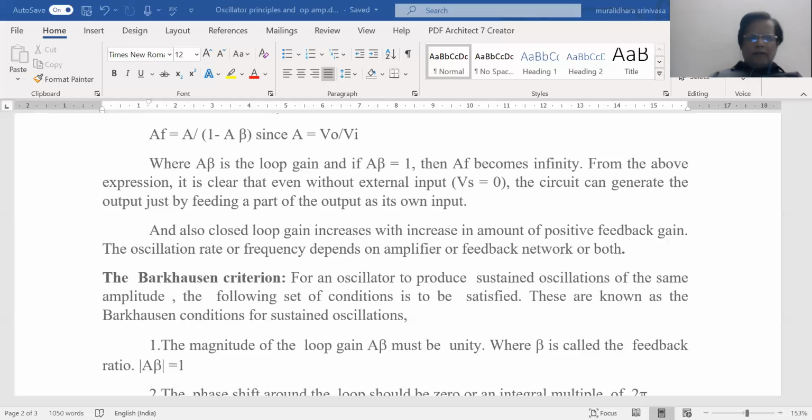Next, explain why the Wien-Bridge oscillator uses both positive and negative feedback. As you know, to produce oscillations, you need positive feedback. That is why the lead lag network is connected to the non-inverting terminal, to have zero phase shift in this case.